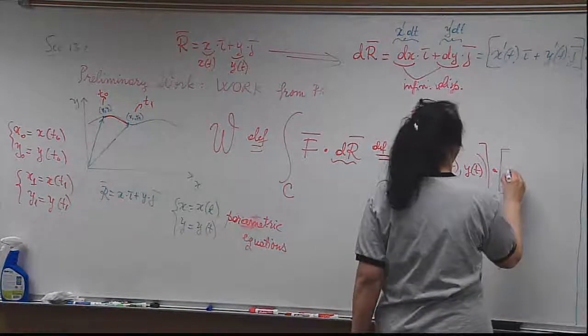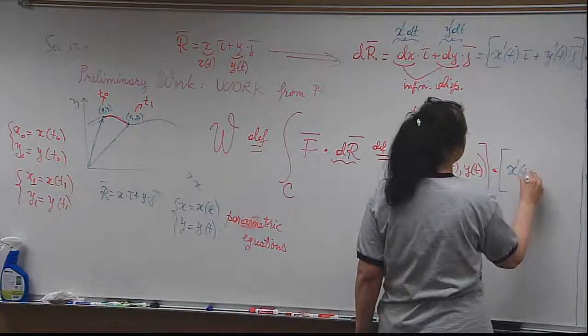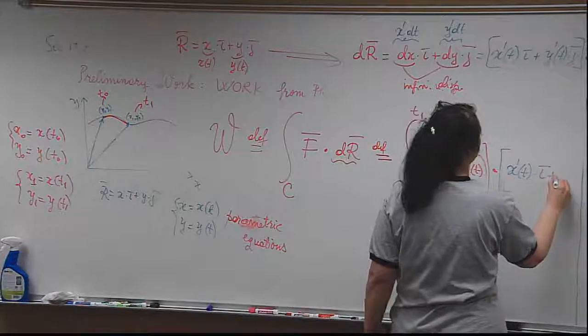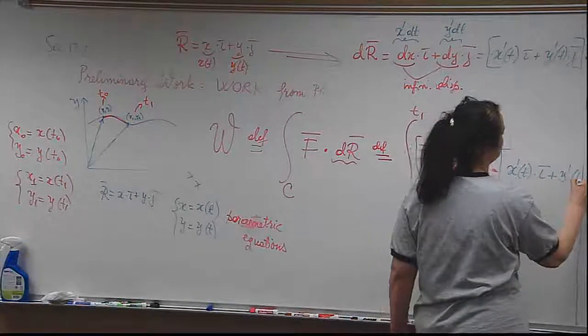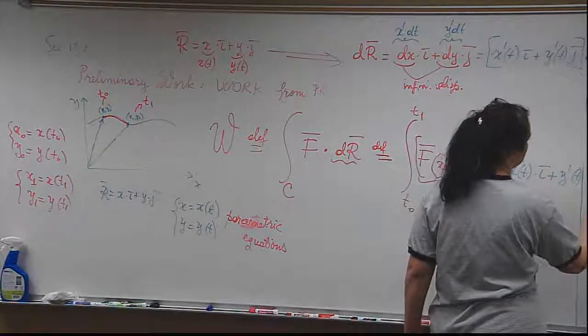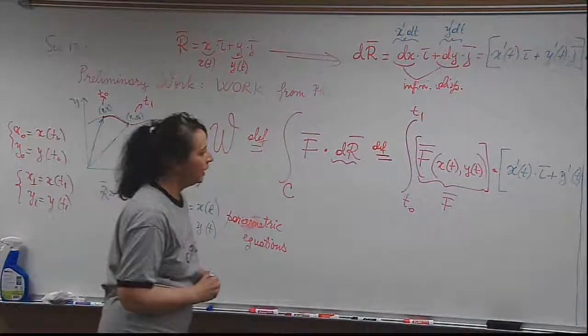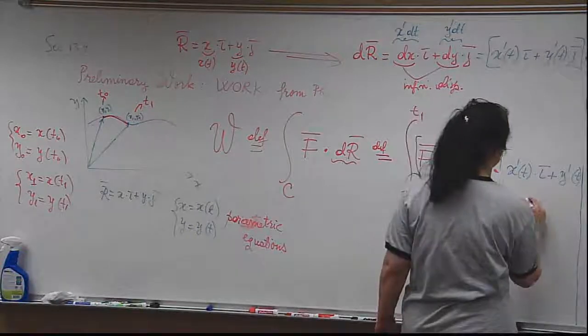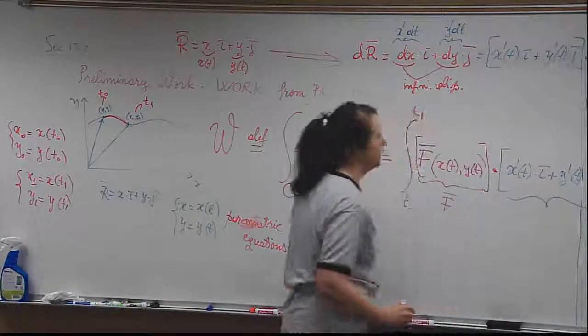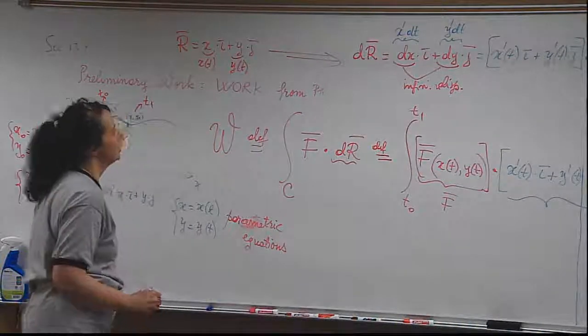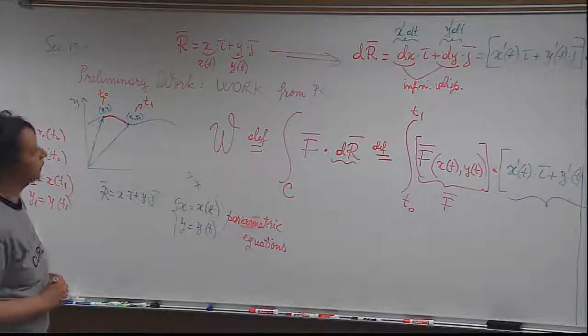So dr is actually x prime of t times i plus y prime of t times j, dt. And this will represent the derivative of r with respect to time.